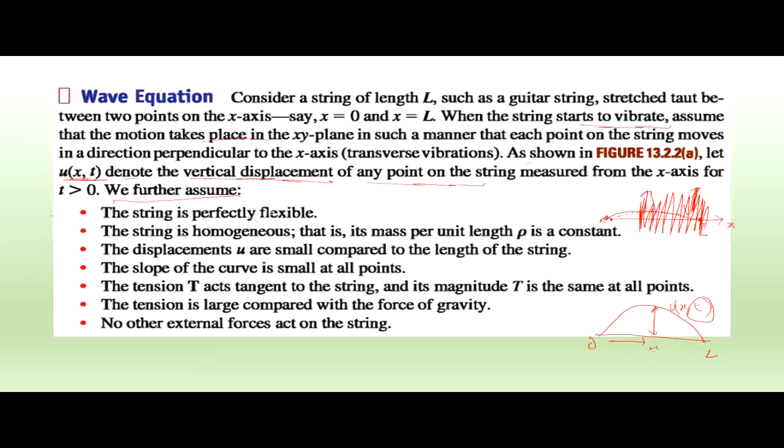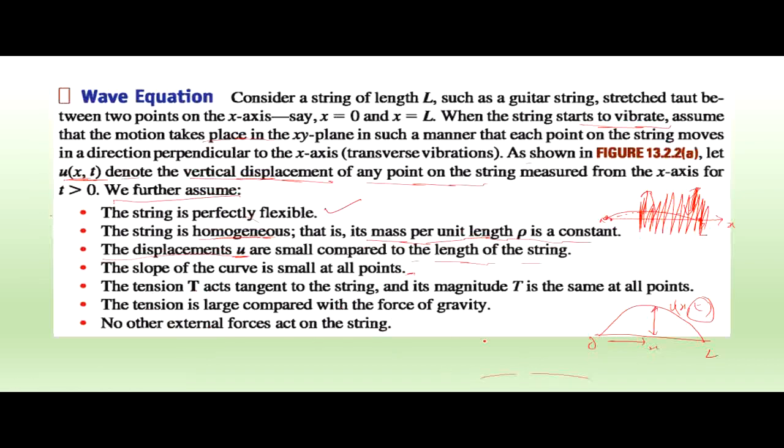Now we have the following assumptions for this problem. The string is perfectly flexible. The string is homogeneous, which always means that the mass per unit length is constant. The displacements u are very small compared to the length of the string. The slope of the curve is small at all points; the curve is not highly curved.